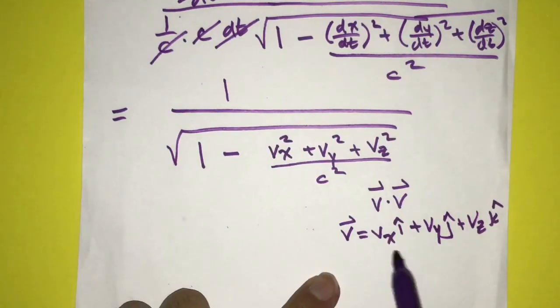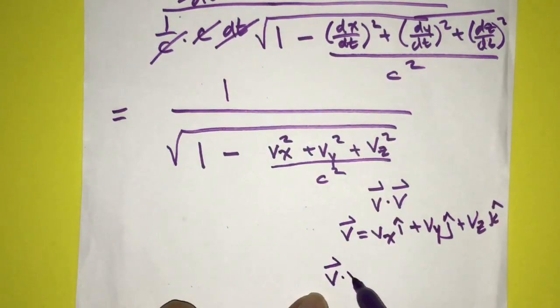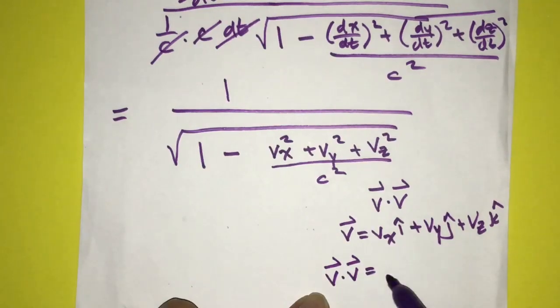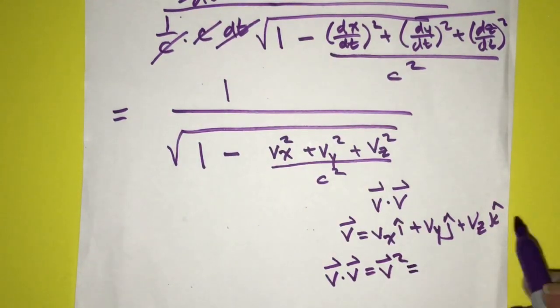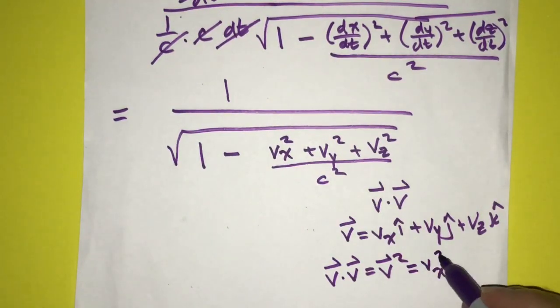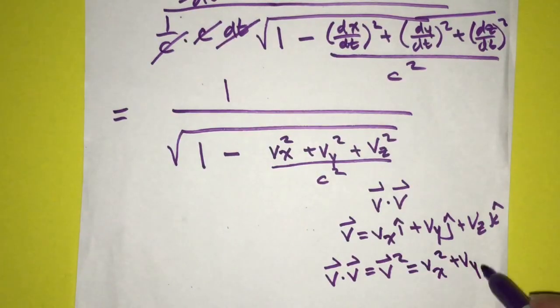So if we go ahead and dot this into itself, we're just going to get the velocity squared. So we're going to end up getting v sub x squared plus v sub y squared plus v sub z squared.